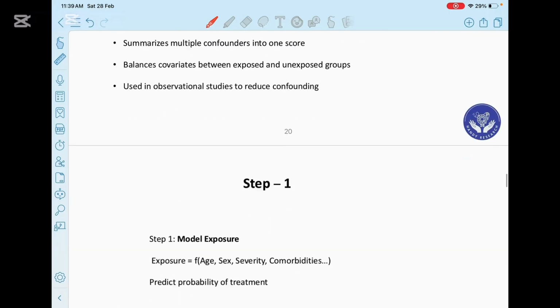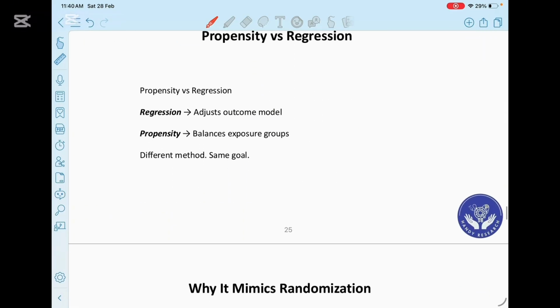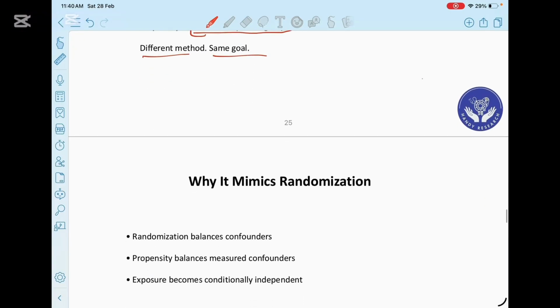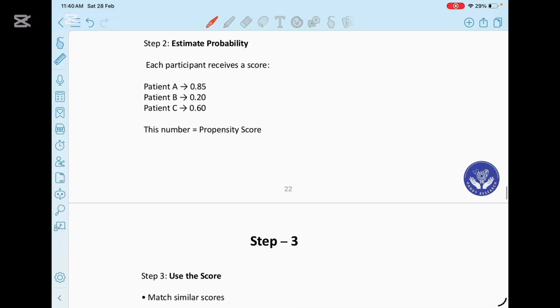First, compare it with regression and randomization. Regression adjusts outcome models and the propensity balances the exposure models. Different method, but it has the same goal. But it also mimics the randomization, because the randomization balances the confounder and propensity balances the measured confounder. Let's go through the propensity now.